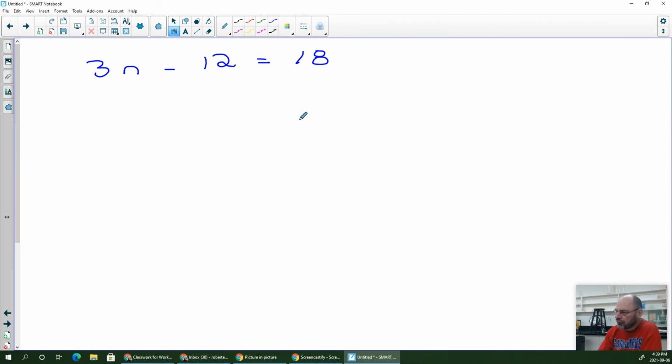So what we have to do is, step one is do the opposite of the number. Okay, you want to isolate the 3n by itself. So we're going to do the opposite of whatever the number is with the variable or the letter.